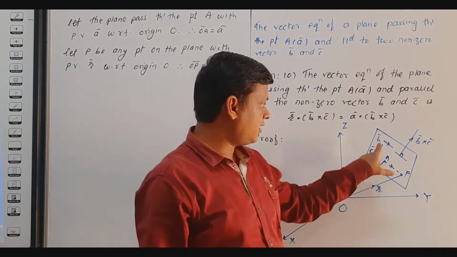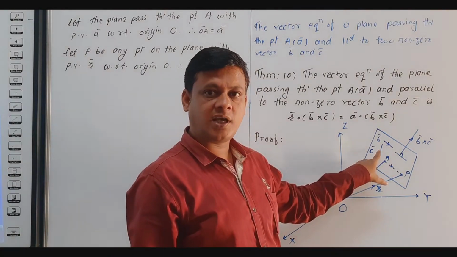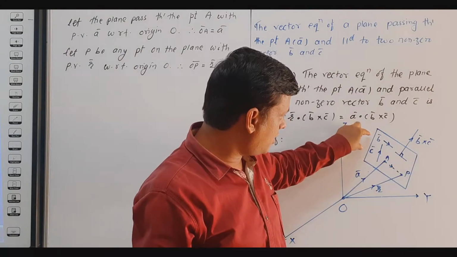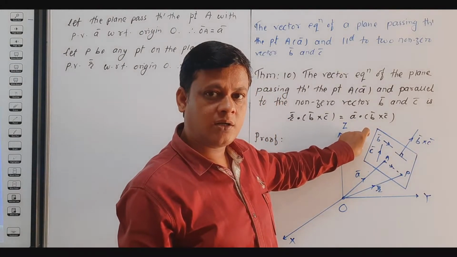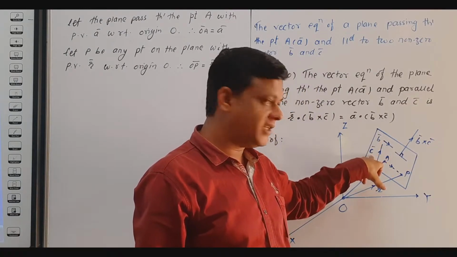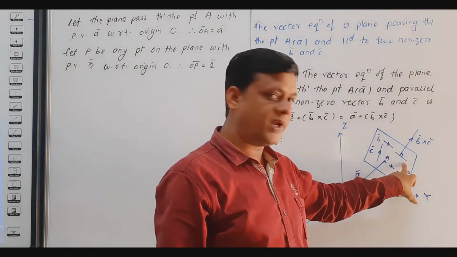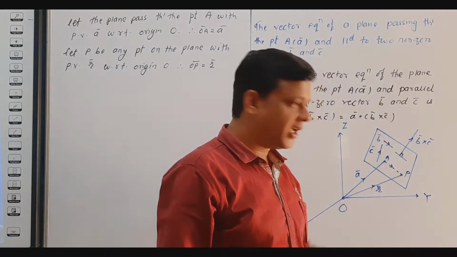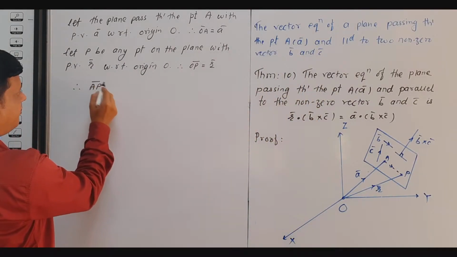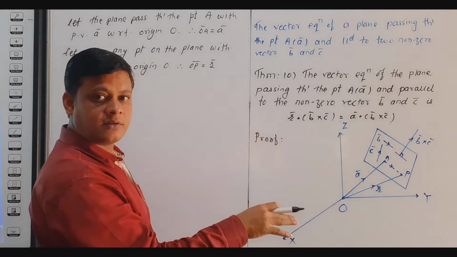Now this vector B and vector C are parallel vectors to this plane. So if we calculate their cross product, we get a vector which is perpendicular to both B bar and C bar, that means perpendicular to this plane, and this vector AP. Therefore, vector AP lies on the plane.